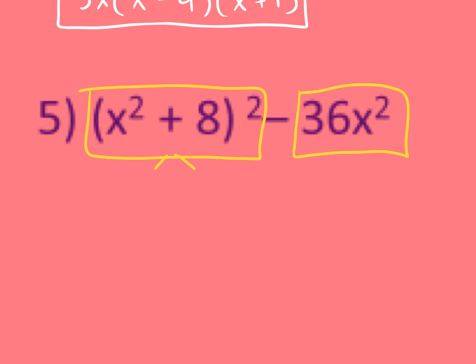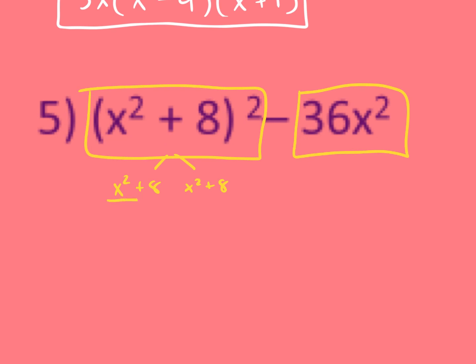So what times what do you think gives me x squared plus 8 squared? Awesome. x squared plus 8 times x squared plus 8. It's the same thing times itself because it's squared.